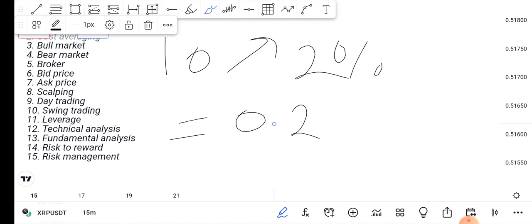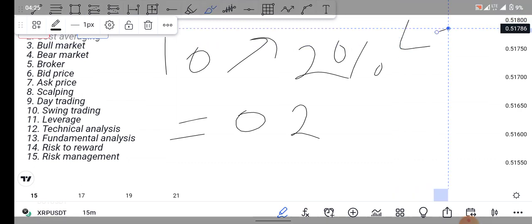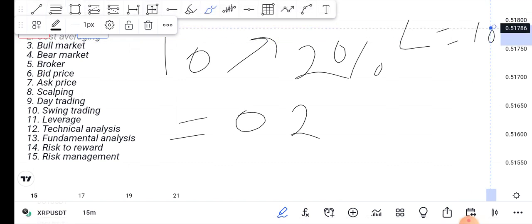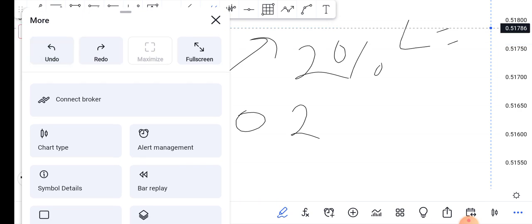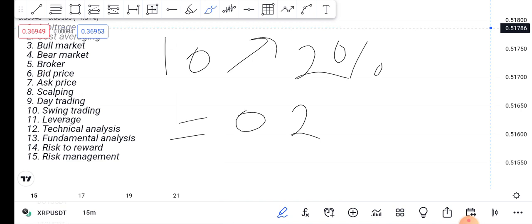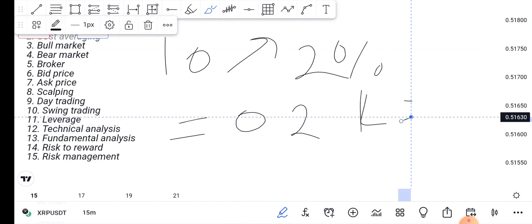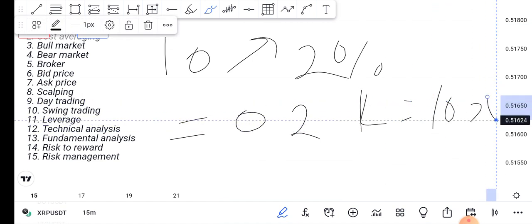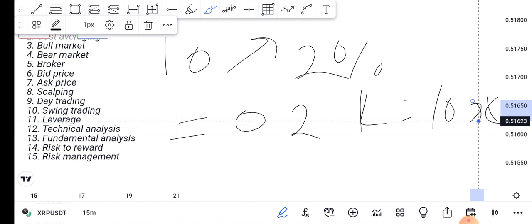So let's say my leverage on this trade is 10x.